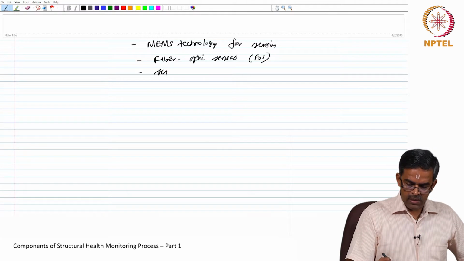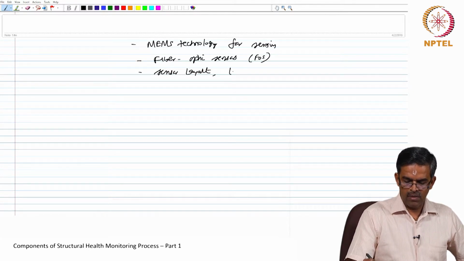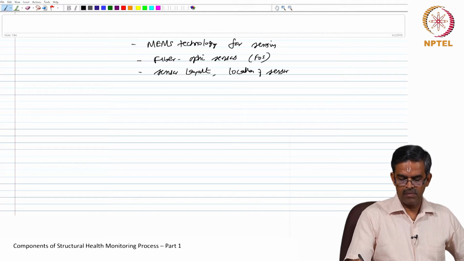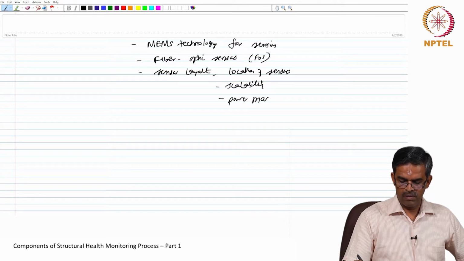Then of course, the sensor layout and location of sensors, scalability, power management, etc.